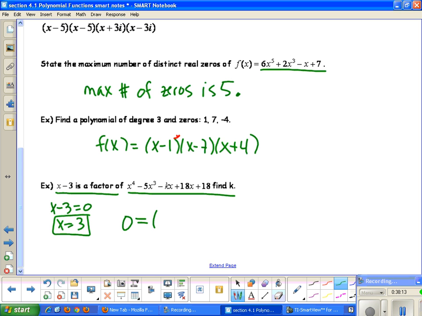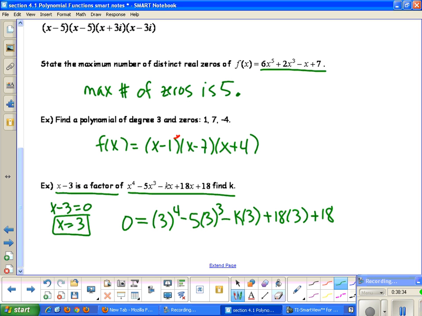So I would do 0 equals 3 to the 4th power minus 5 times 3 to the 3rd minus k times 3 squared plus 18 times 3 plus 18. The only thing I need to do then is to solve this equation.